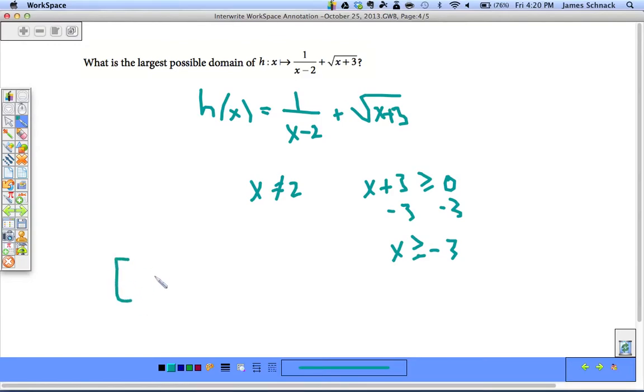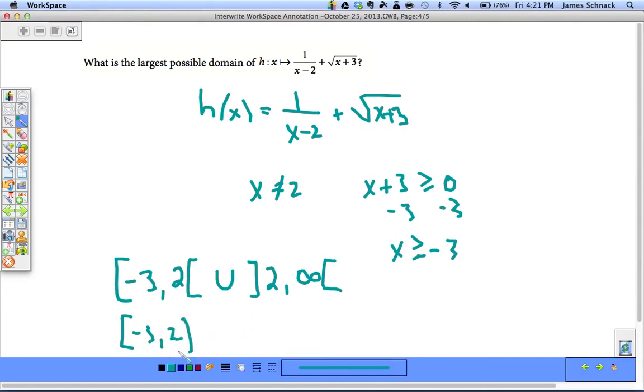So using interval notation, [-3, 2) union (2, infinity). These are open intervals at the 2, which means we're not including the 2.